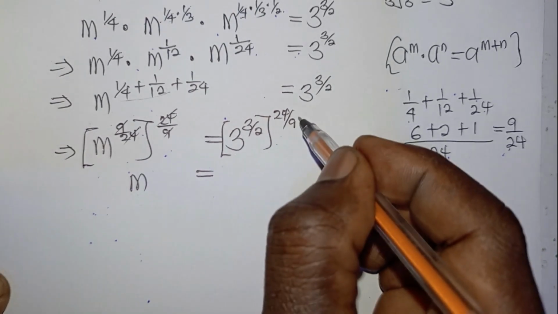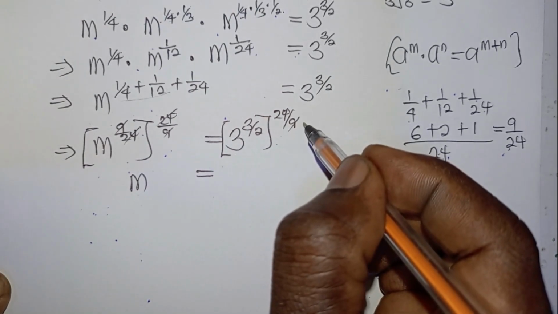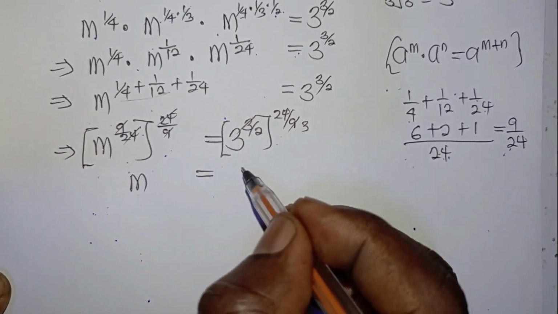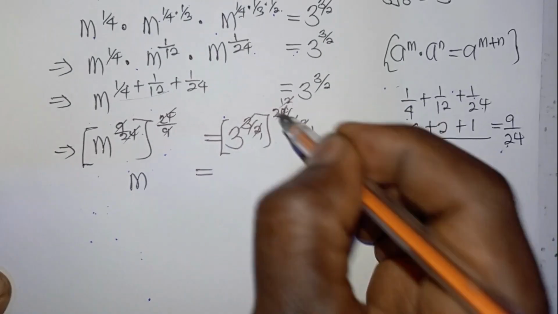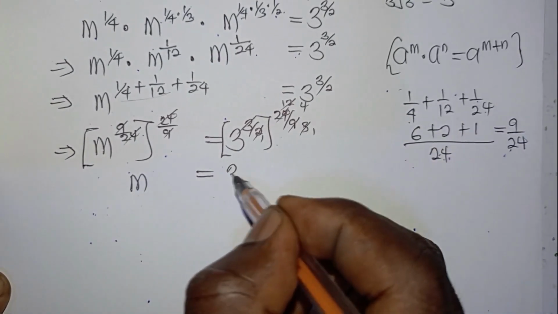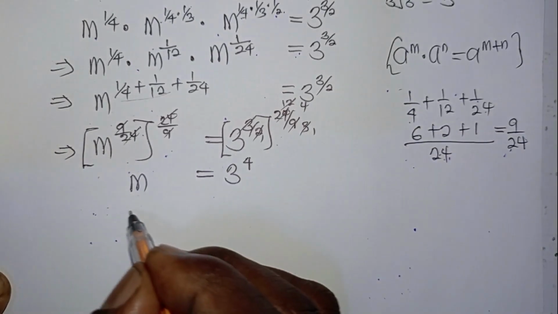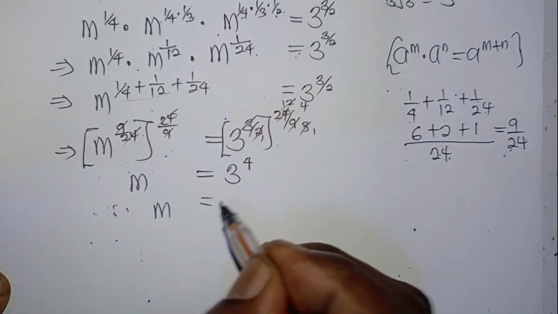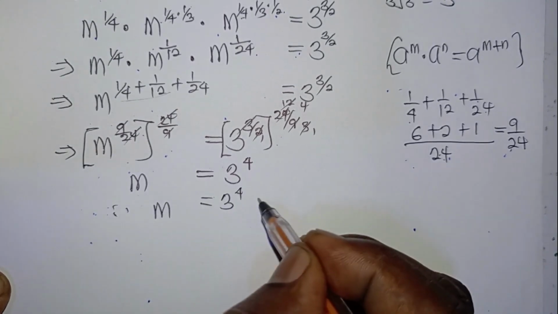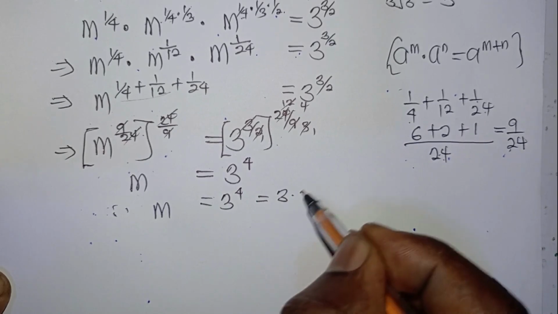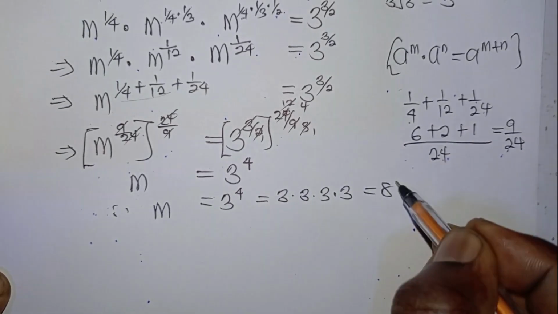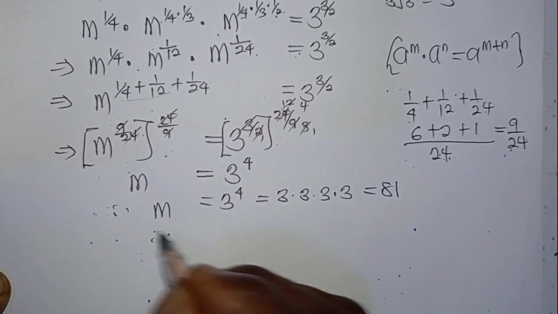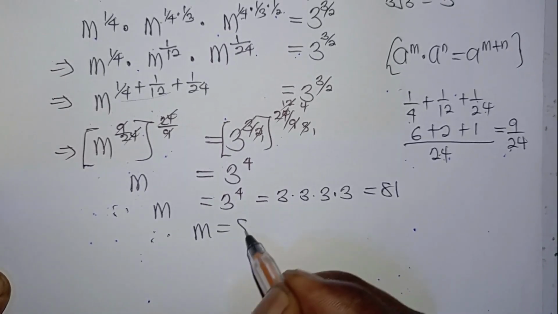We have 9 here and a 3 here; 3 and 3 cancel, leaving 1. 2 here and 1, and 2 here, 12. 3 here, 1, and 3 here, 4. So we have 3 to the power 4. Therefore, m is equal to 3 to the power 4, which equals 3 times 3 times 3 times 3, and that equals 81. Therefore, m is equal to 81.